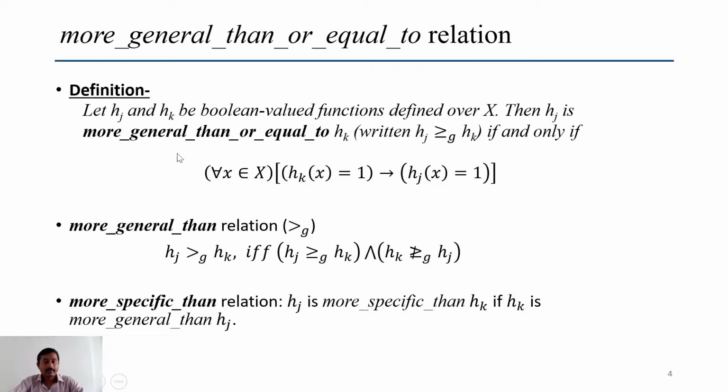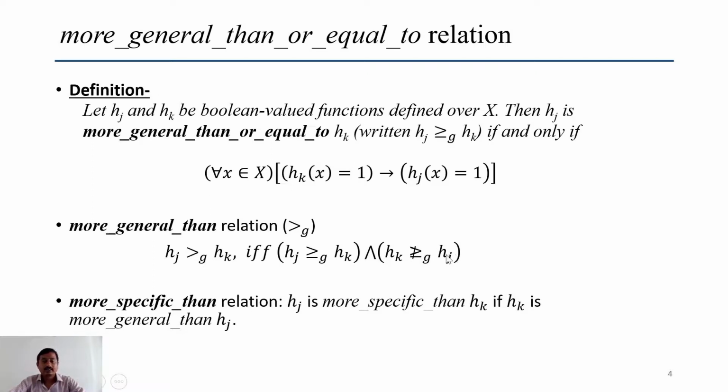Then we have a variant called the more-general-than relation, where the equivalent case is removed. Two hypotheses hj and hk can be equivalent, which is removed in this relation. So hj is more general than hk if and only if hj is more general than or equal to hk and hk is not more general than or equal to hj.